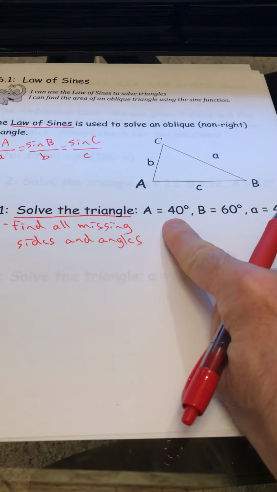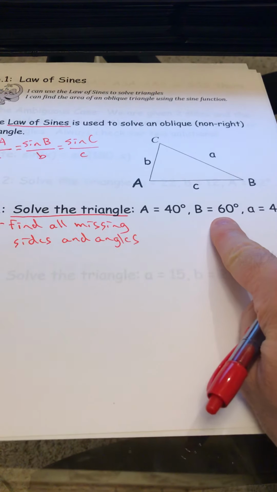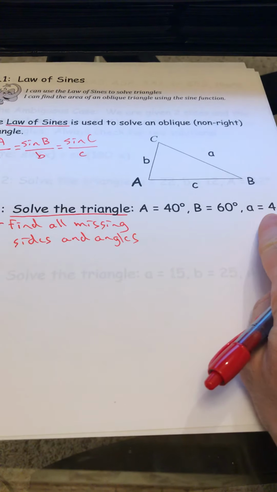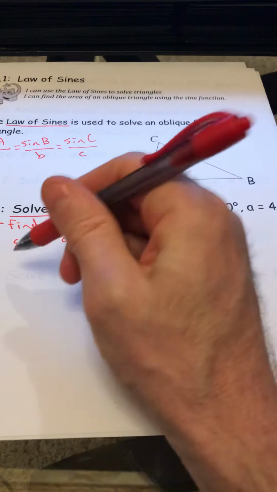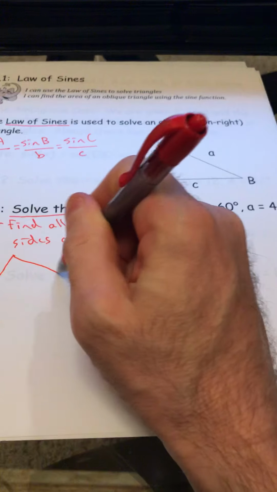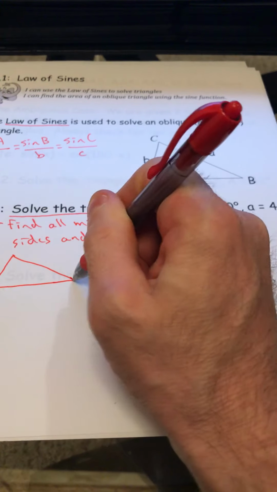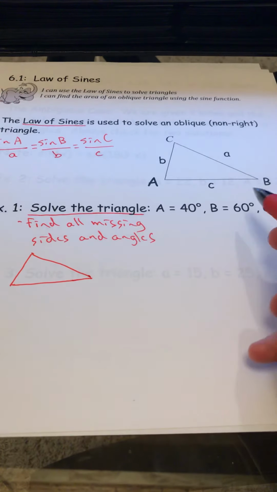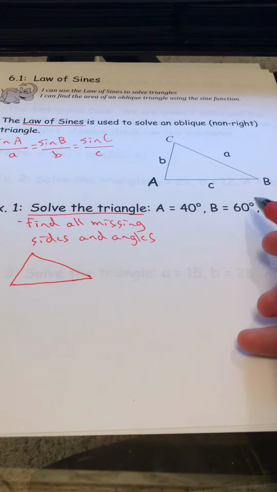So, if we have A is 40 degrees, B is 60, side A is 4, one of the things I always like to do is, as I solve these, just sketch a triangle here. It doesn't have to be exact, but something that at least reasonably fits what you have.